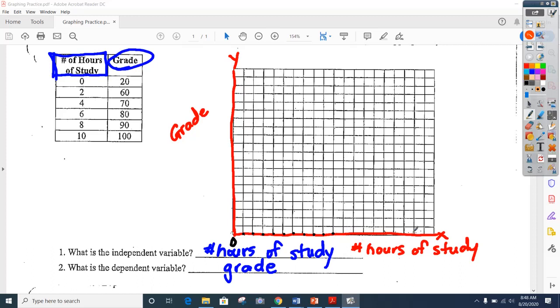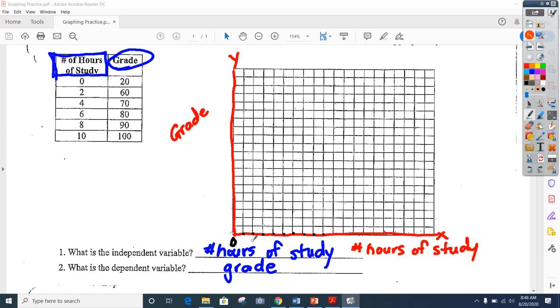I've got way more space on my graph. If I let each line represent 1, if I count by 1, then my graph is going to be squished down here into this corner. And I've told you that you do not want to do that. So instead of each line being 1, I'm going to let each line be a half, 0.5.